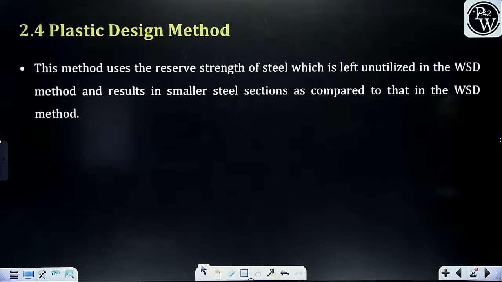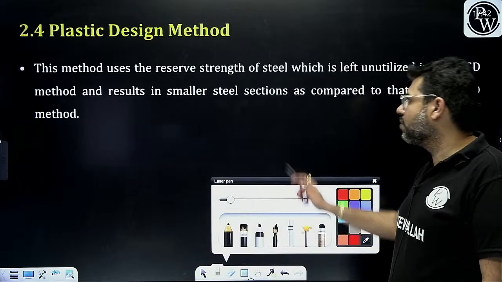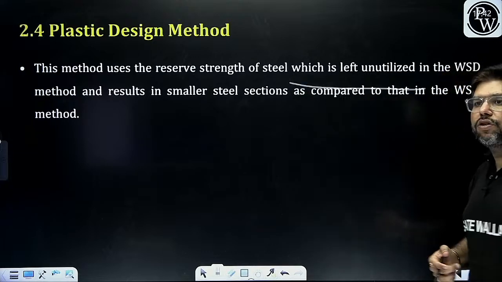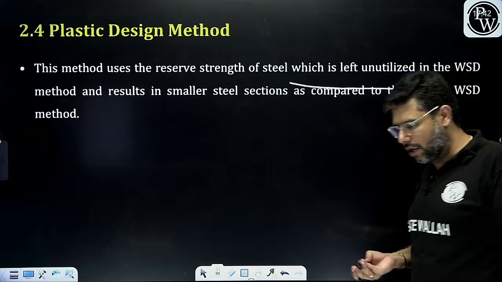So, what are the basic advantages here? First advantage: this method uses the reserve strength of steel, which is left unused in the working stress design method.